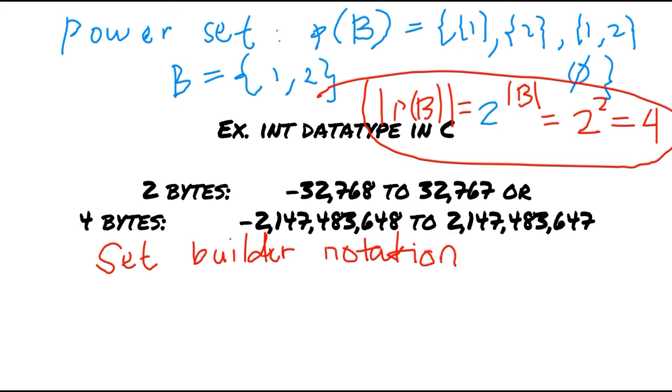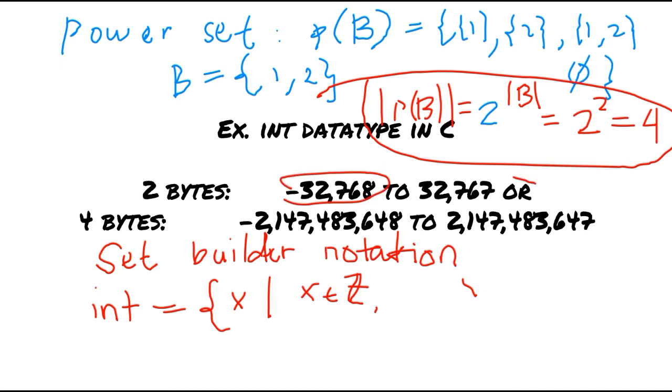So you could define an int, for example, data type, as a set, say x such that x is an integer and that integer is between these numbers, for example, for 2 bytes.